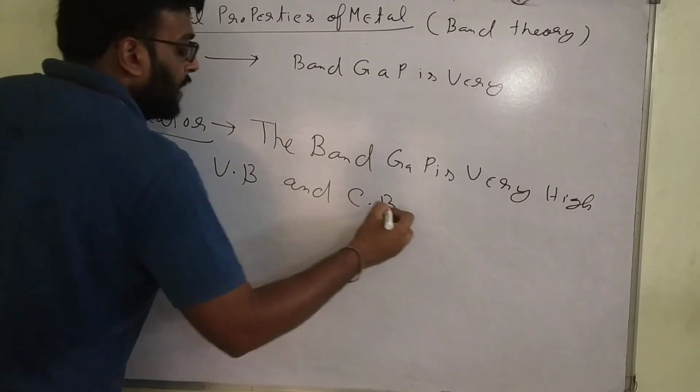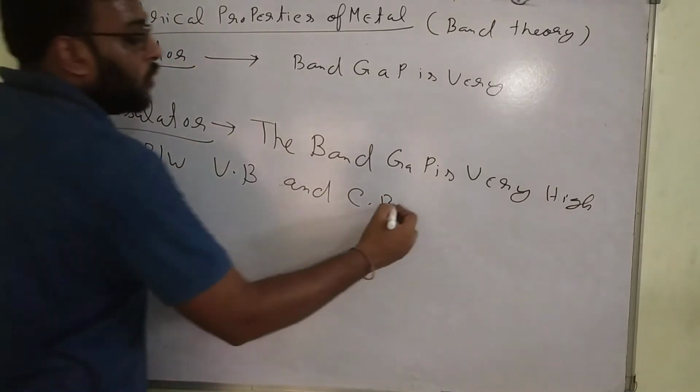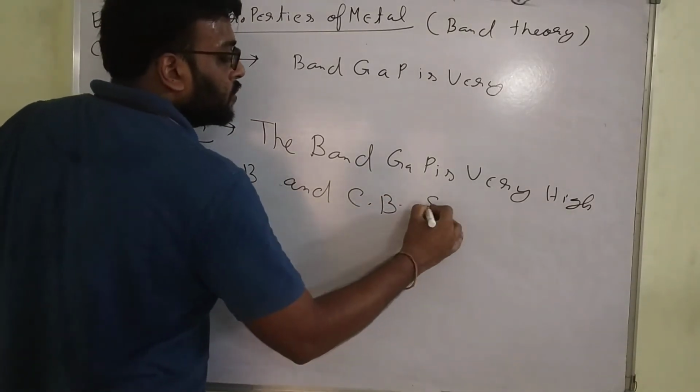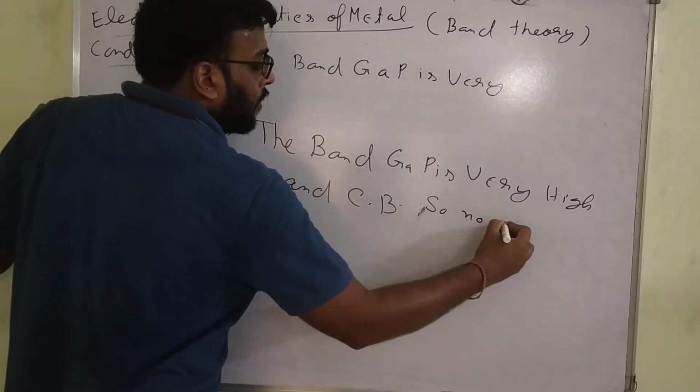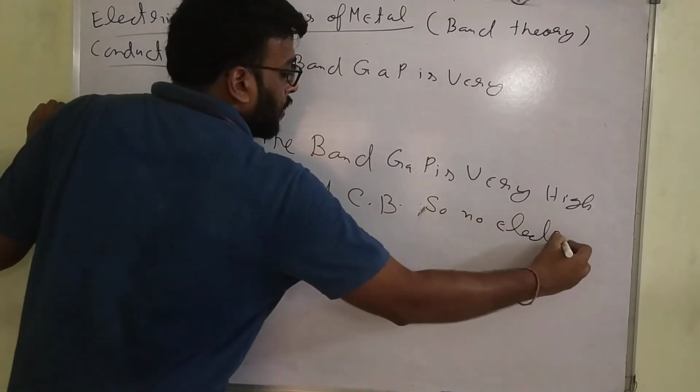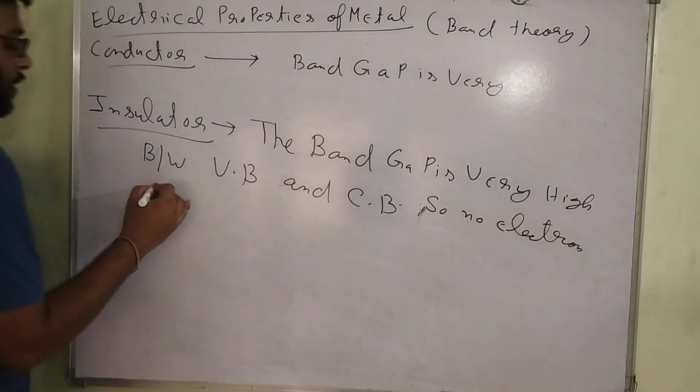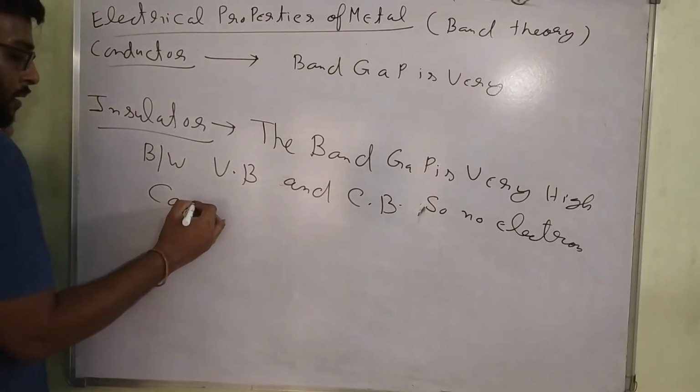VB means valence band. So no electron can flow.